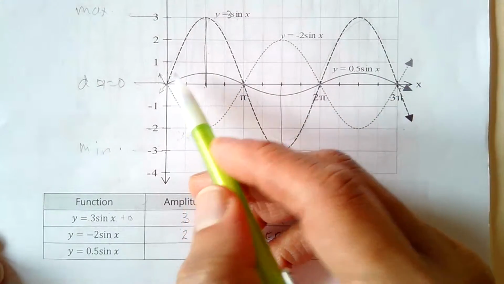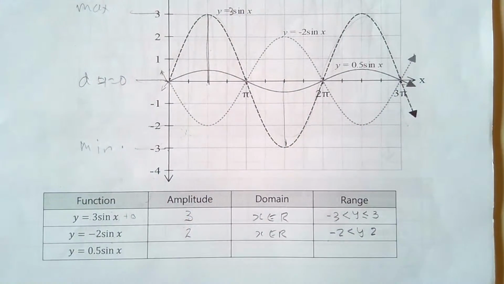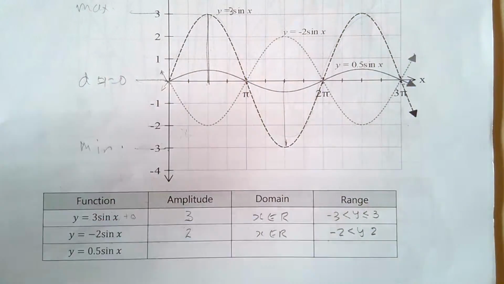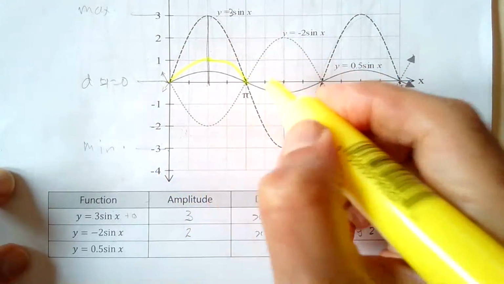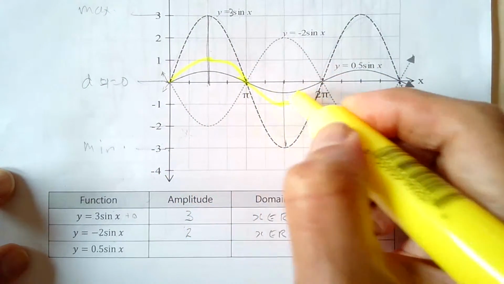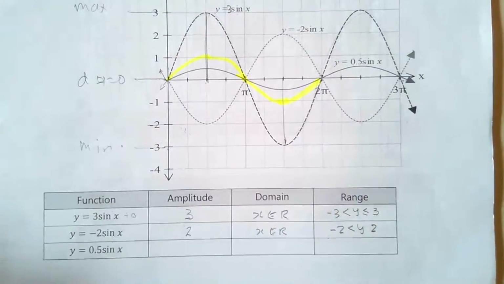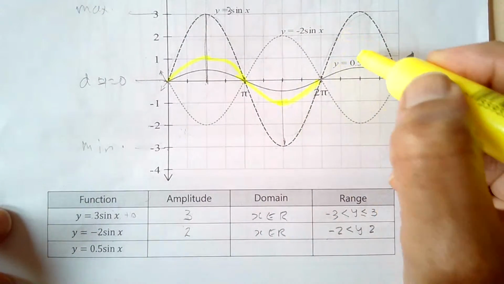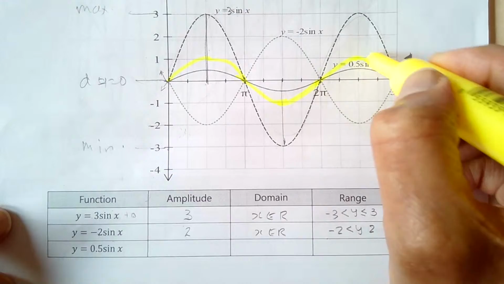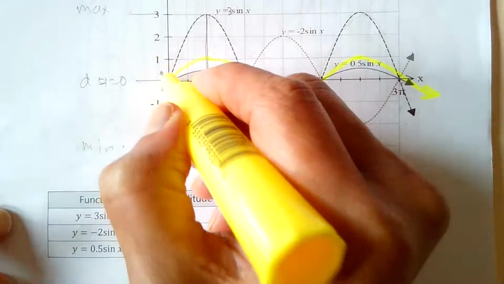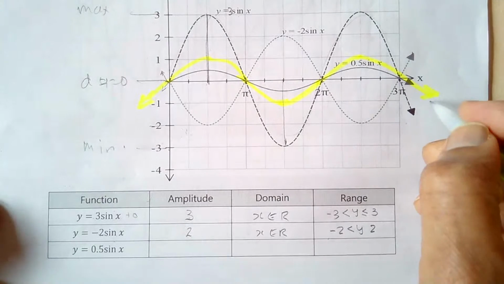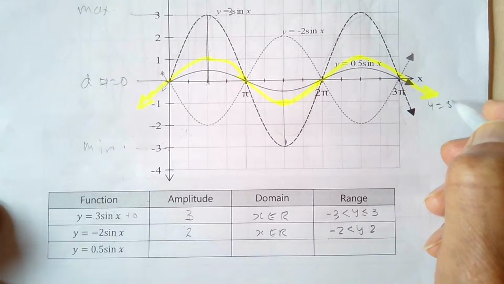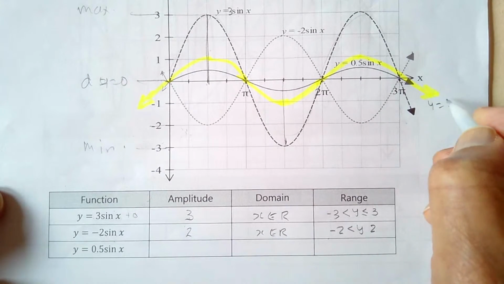Now, y equals sine x, if I were to do this, it will be a graph that goes here and here. The amplitude, and if you want to continue the graph, so y is equal to sine x.